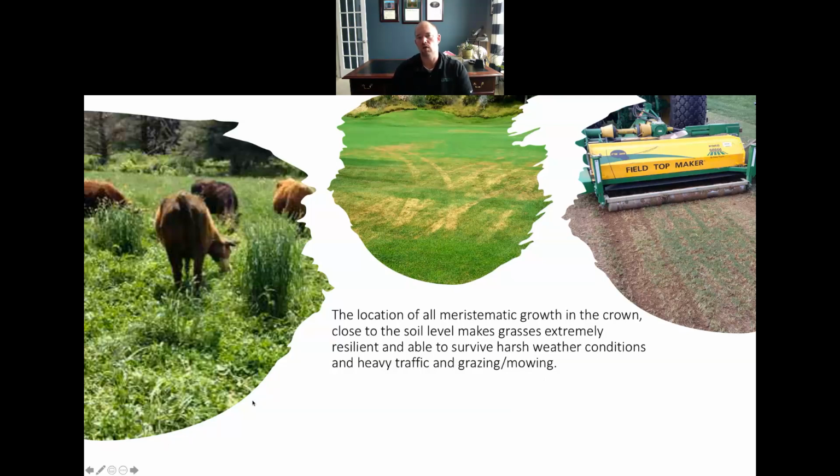It's also what allows us to be able to use grass so extensively in a mowed setting, because let's face it, it's probably not very beneficial or sanitary to allow grass to grow unmaintained. It's one thing out in the country, if we want to maintain an area as fallow or as pasture, that's fine. But when we look at our landscape settings, like in our urban and suburban areas, that's not very beneficial.